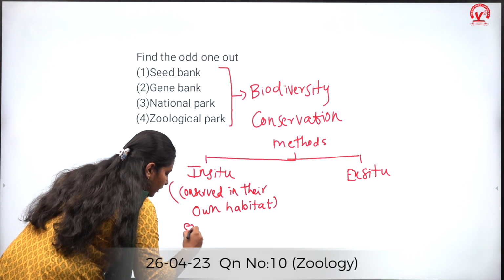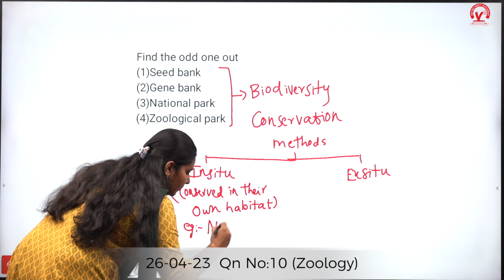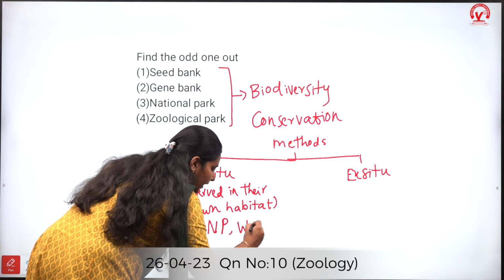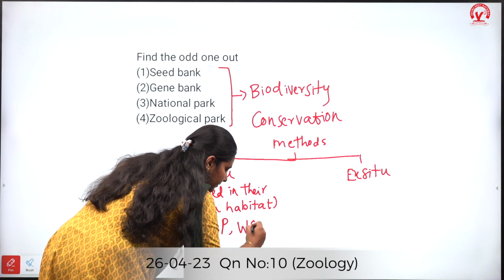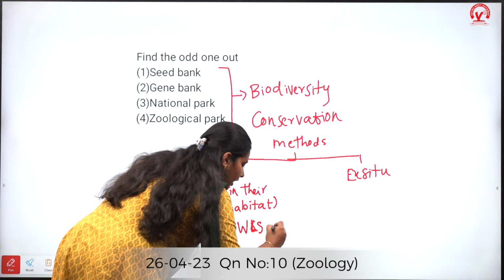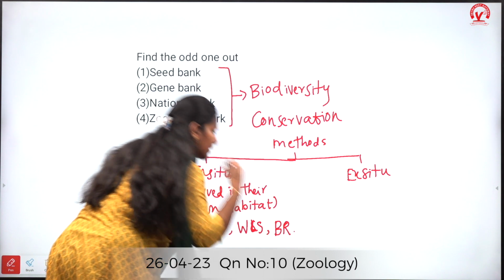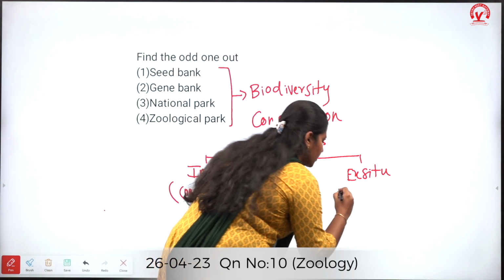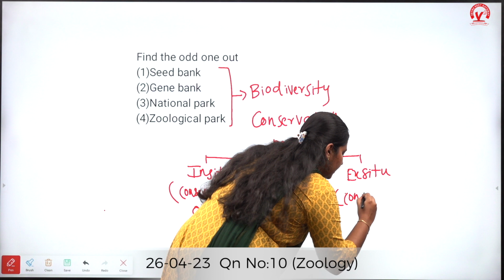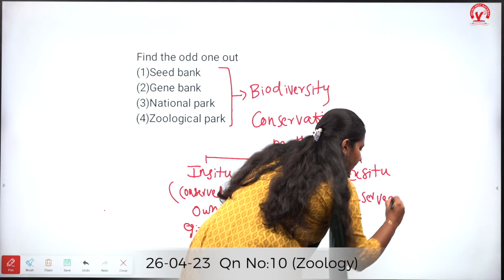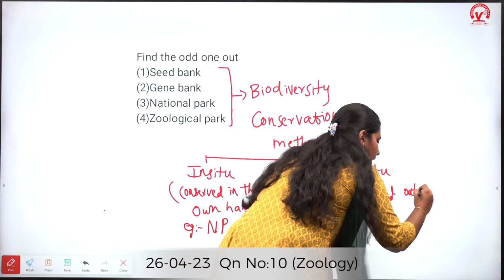For example, national parks, wildlife sanctuaries and biosphere reserves. In ex situ conservation, the organisms are conserved outside their habitat.